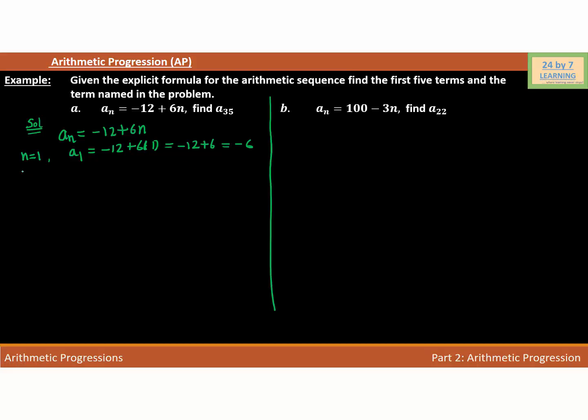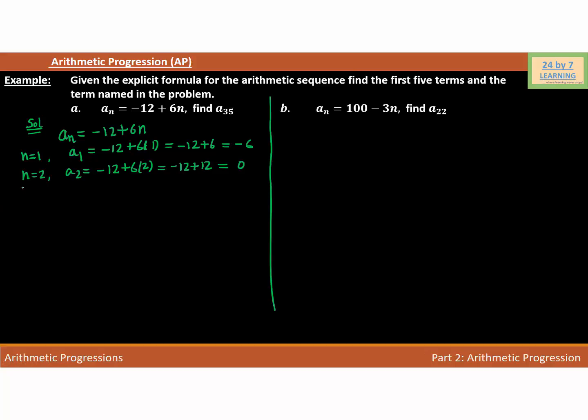Now let's talk about the second term. I will write n equals 2. a2 will be my second term, and I will write -12 plus 6 times 2, and 6 times 2 is 12. So -12 plus 12 is 0.